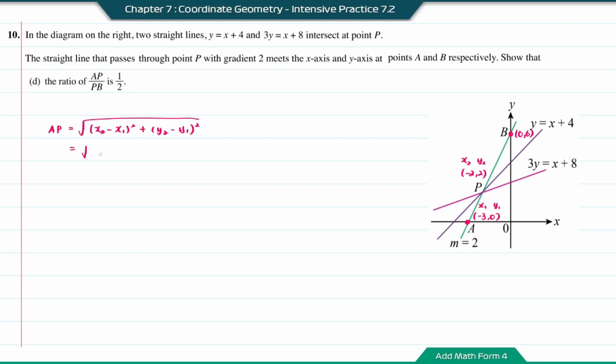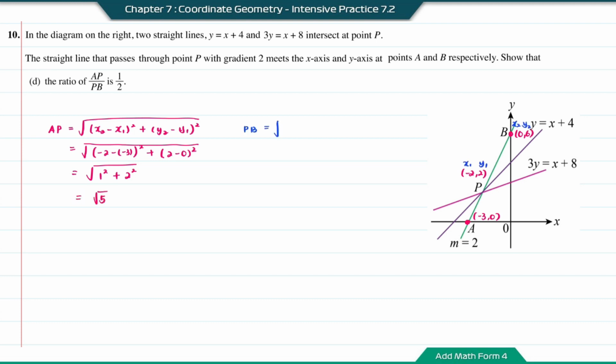So the length AP will be the square root of negative 2 minus negative 3, squared, plus 2 minus 0, squared. When negative 2 plus 3, we will get positive 1. So we get the square root of 1 squared plus 2 squared. The answer of this is square root of 5.